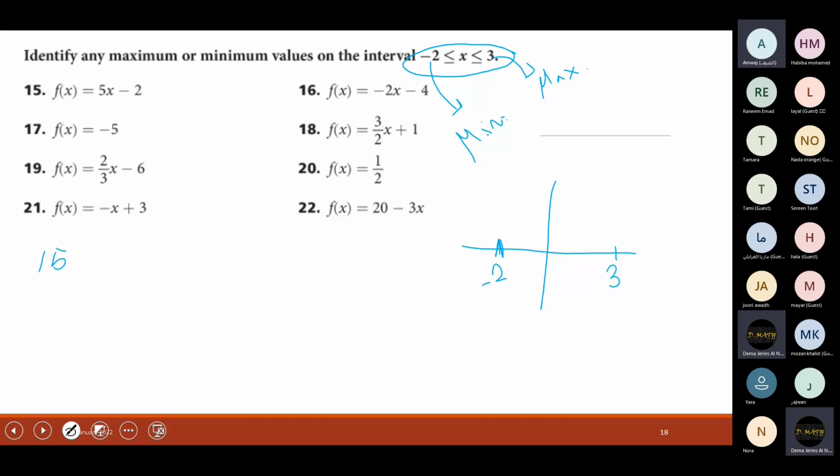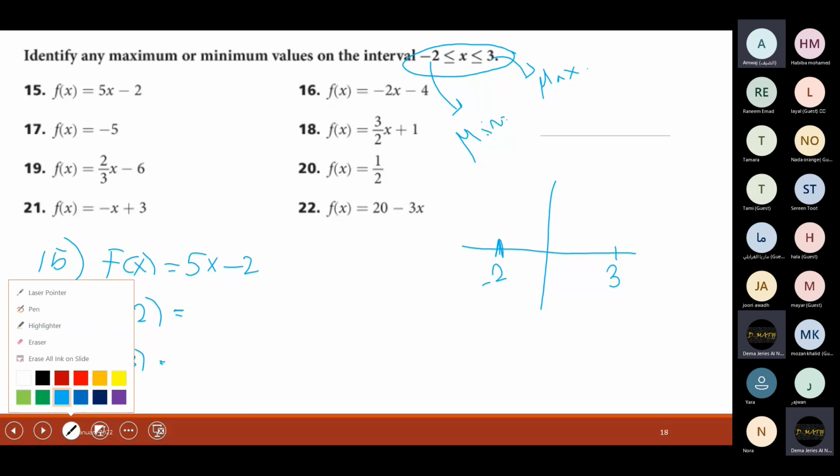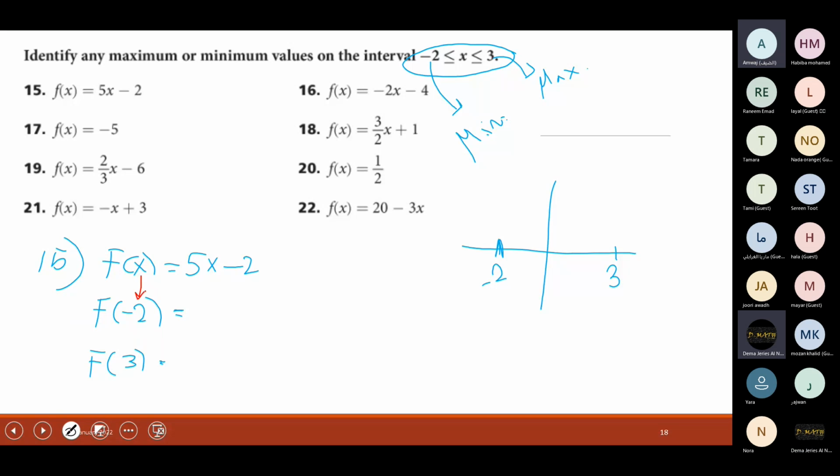Number 15. f of x equals 5x minus 2. And as I told you, I want to find the minimum and the maximum. The minimum of f is at -2 and the maximum of f is at 3. How will I find it? So I said f of -2, it means I will substitute x with -2.